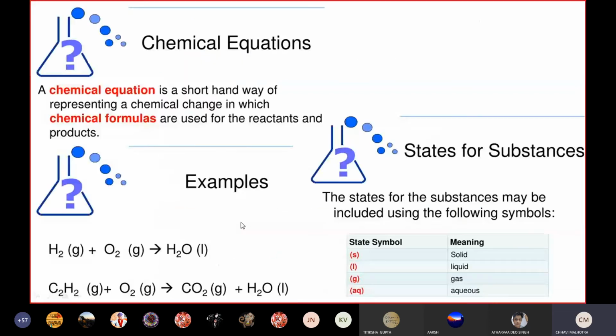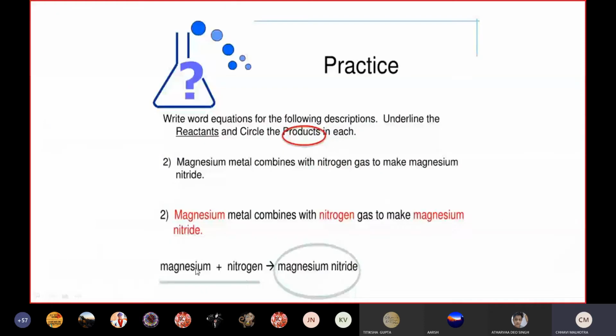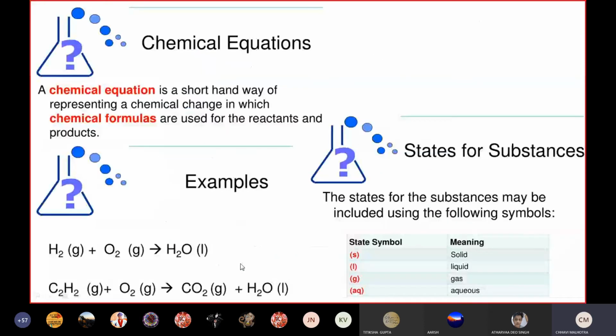So to make it more concise and more understandable, so that we know how many atoms and how many molecules of each element are present, that information you are not getting from the word equation. So we write a chemical equation where we are using the formulas of the reactants and the products.